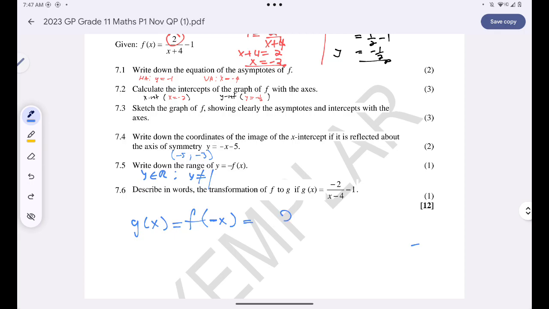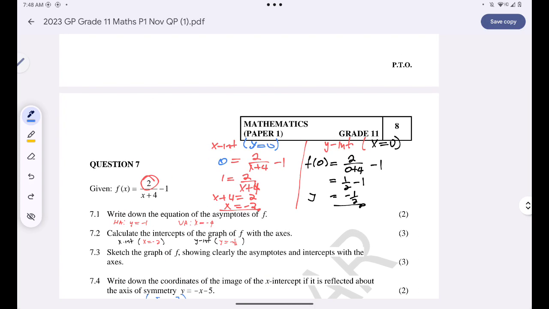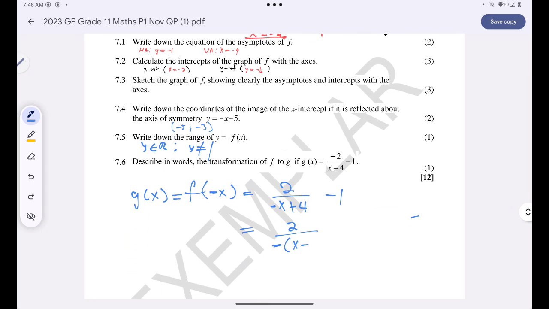Whenever we do that, we'll have 2 over negative x minus 4. There's still a negative 1 there. I can take out a common factor there at the bottom. I'll have 2 over minus x. No, remember that there's a plus 4 there from the original equation.